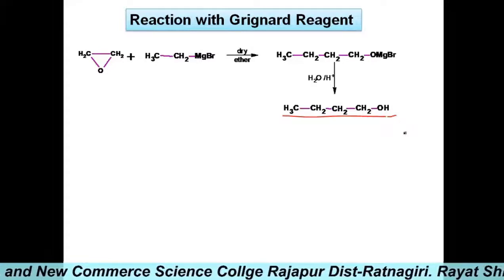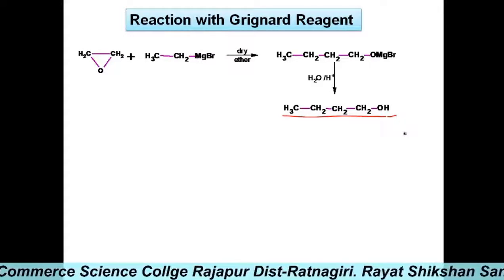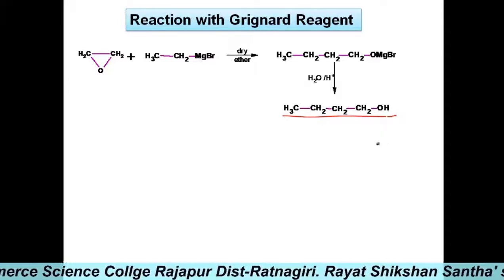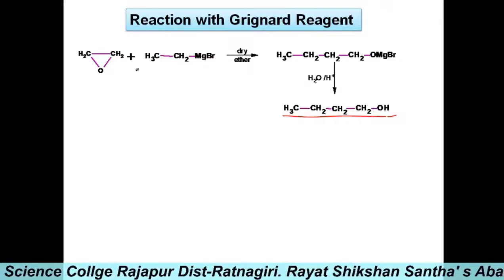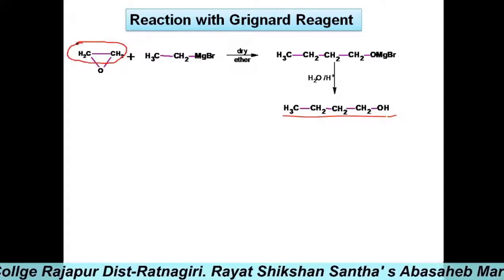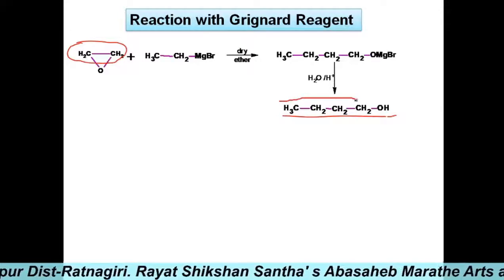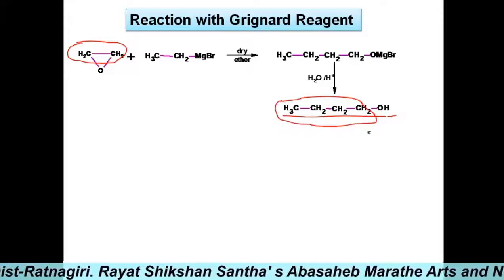The primary alcohol obtained by this method contains two carbon atoms more than the Grignard reagent. Here, the starting reactant has only two carbons, but the product has four carbons. So two carbons are added in the product.